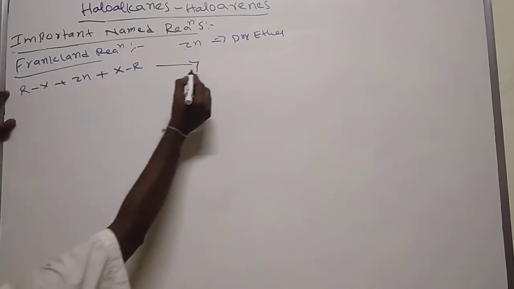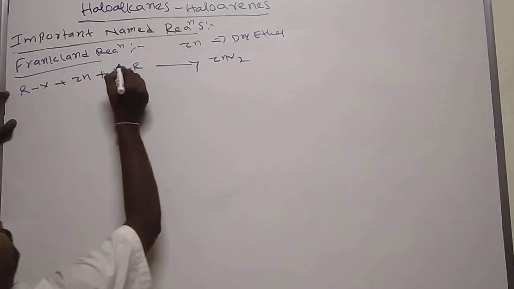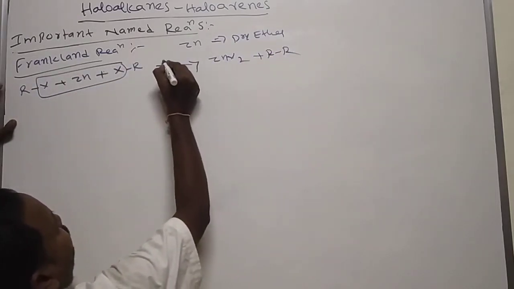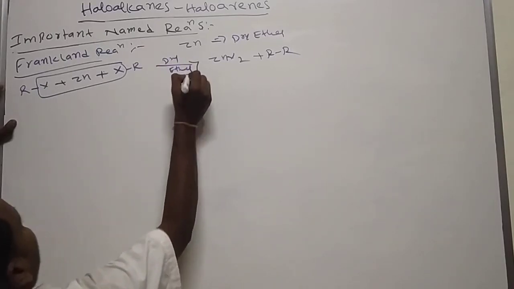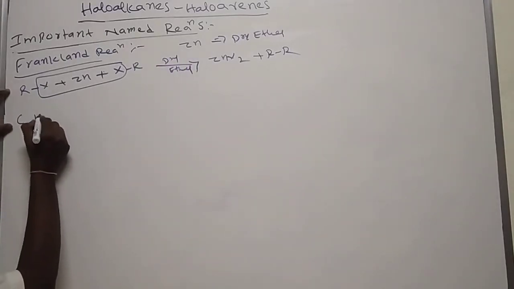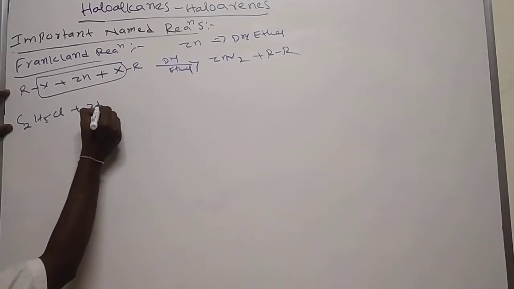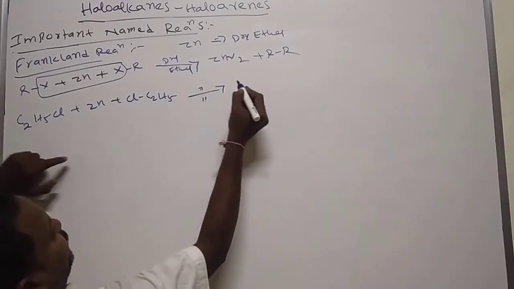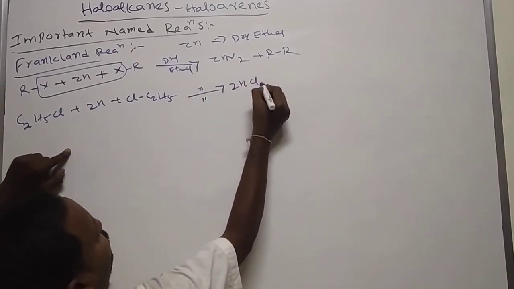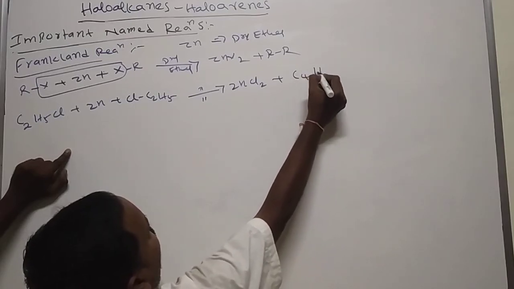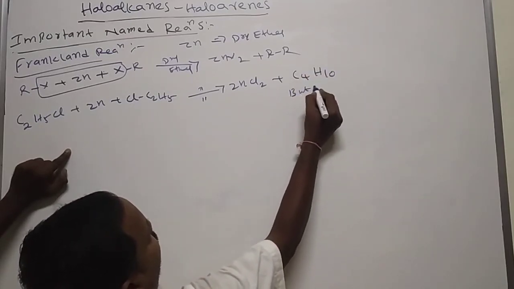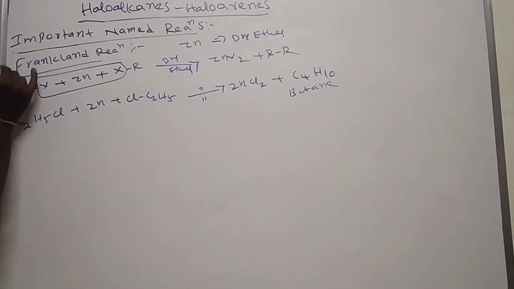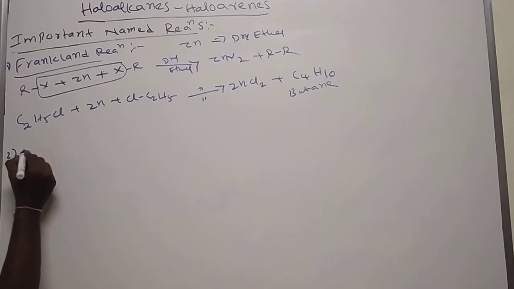It gives zinc halide and forms alkane in the presence of dry ether. Same, you take ethyl chloride, react with zinc in the presence of dry ether, it gives zinc chloride and forms C4H10. What is this? Butane. C4H10 is butane. In continuation we'll see one more, the Ullmann reaction.